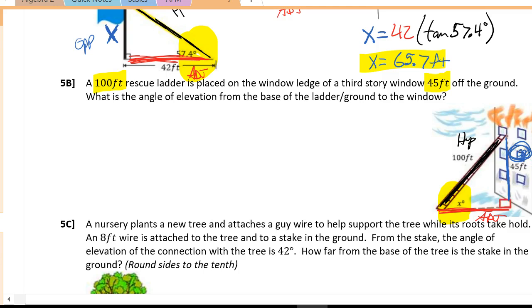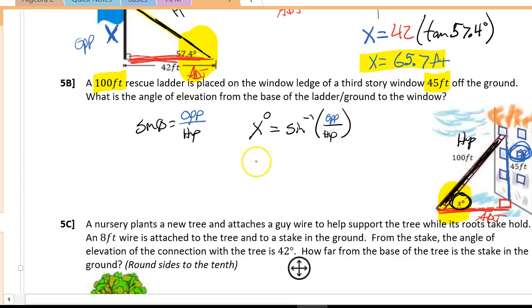Well, if I'm wondering what trig function deals with the opposite side and the hypotenuse, that is in fact going to be the sine of some angle. Now, in this case, I'm actually trying to find an angle measure. So I know then that angle x is equal to the inverse sine of the opposite over the hypotenuse.